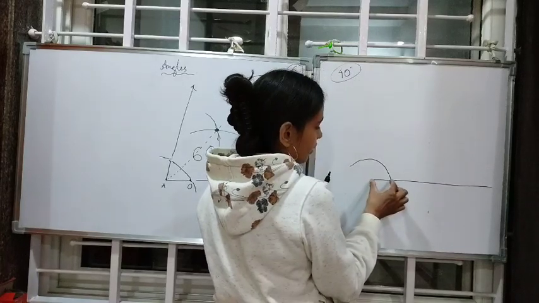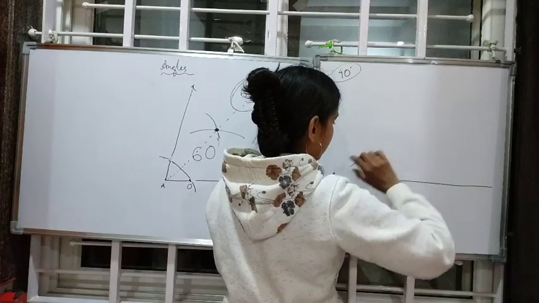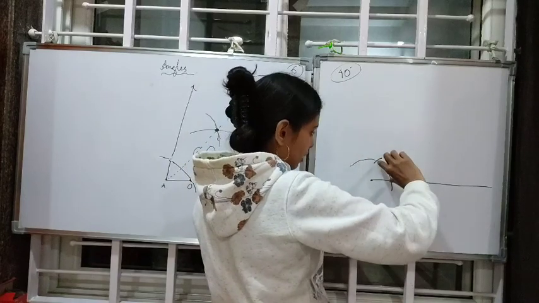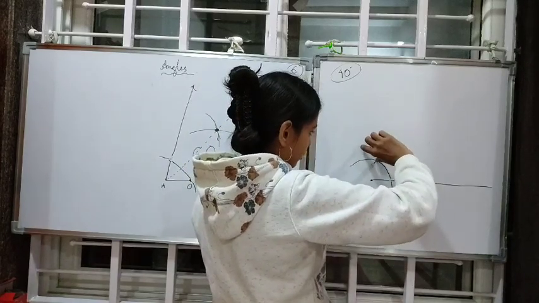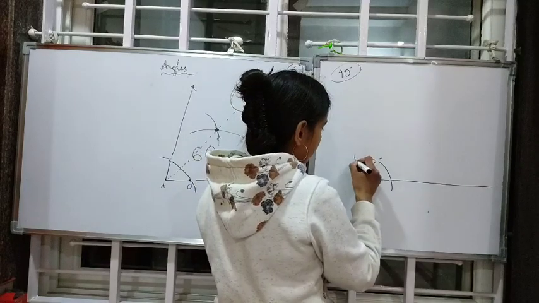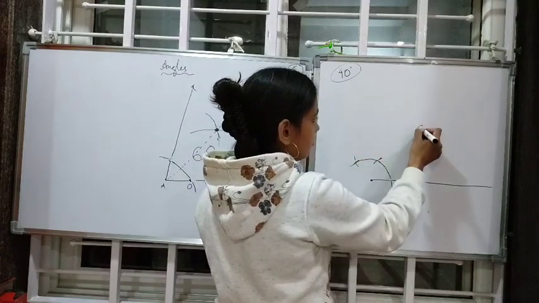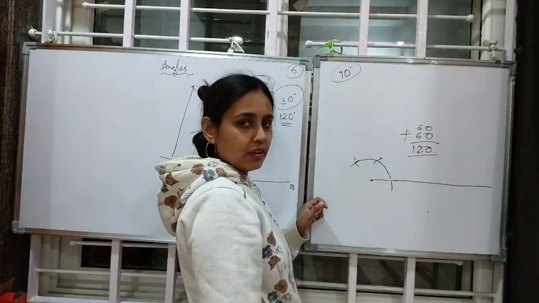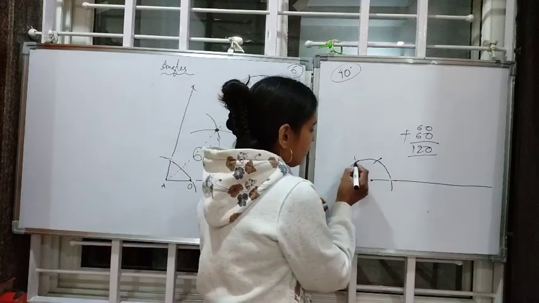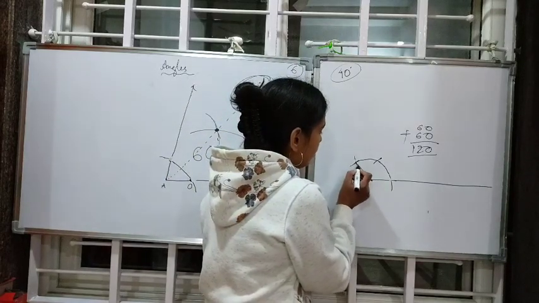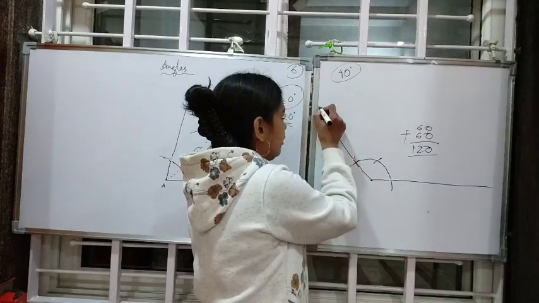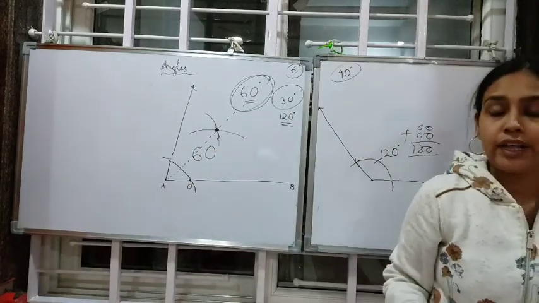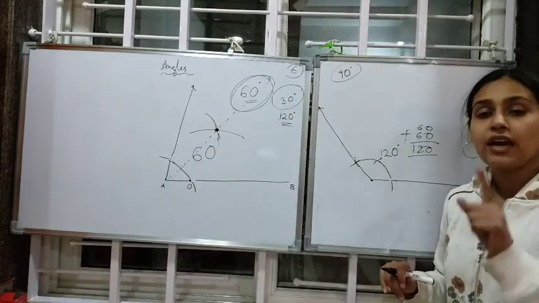With the same radius, draw another arc. This is 60 degree. Now, if you draw one more arc with the same radius, this is another 60 degree. 60 plus 60, 120. So that means you got your 120 degree angle with the help of a compass and not using the protractor.